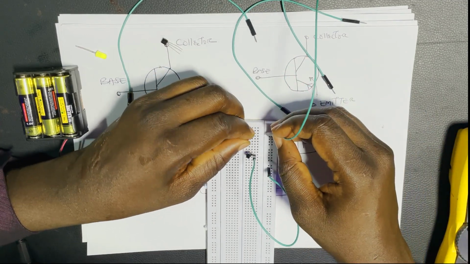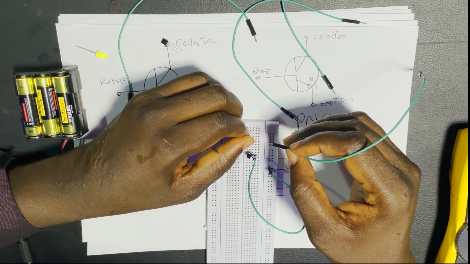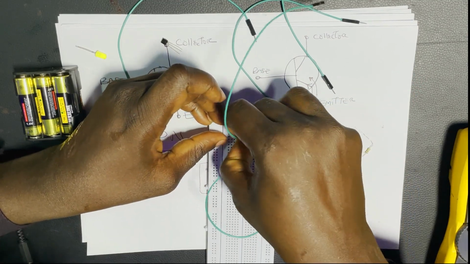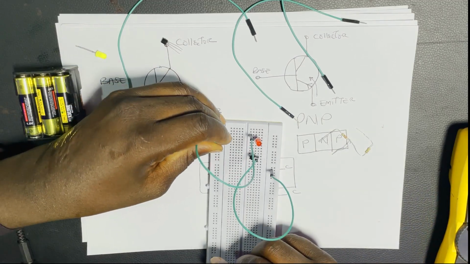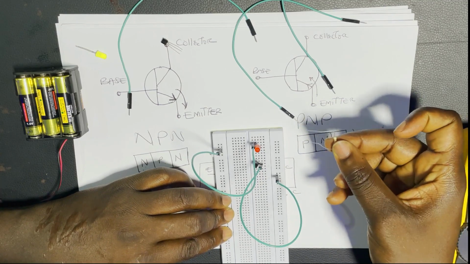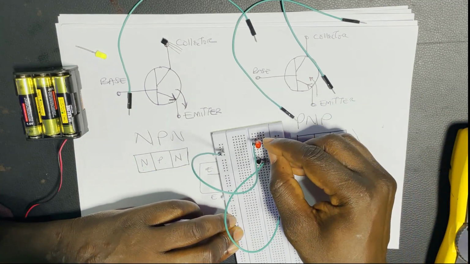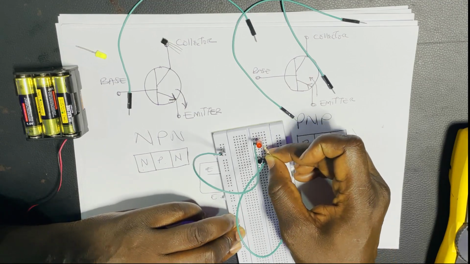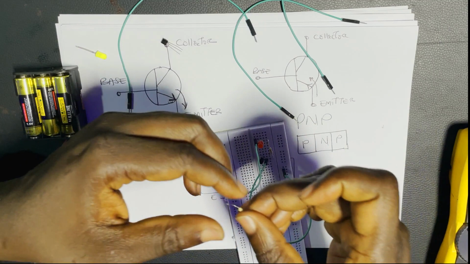We'll connect the negative side of the LED to our negative, or ground. Then we use a current limiting resistor, as we did in the case of NPN, to connect it to our collector. Then we have a biasing resistor.